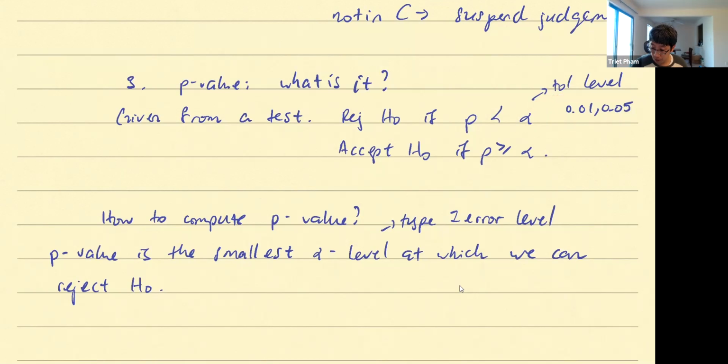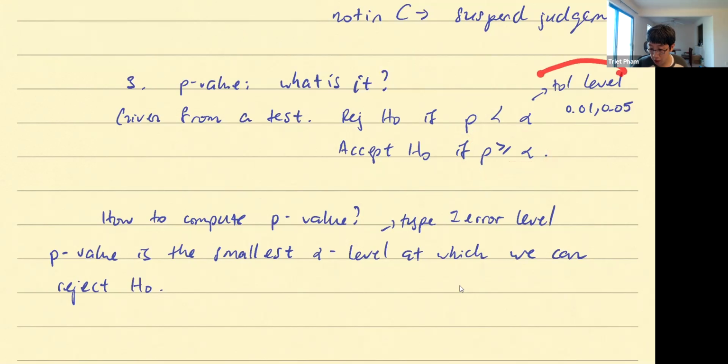In other words, let's look at this, which is probably clearer. If the lowest level at which you can reject is higher than your tolerance level, then you cannot reject here, because you are required to go lower than p.